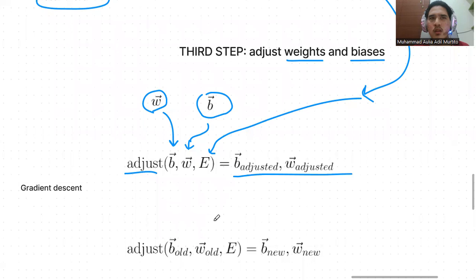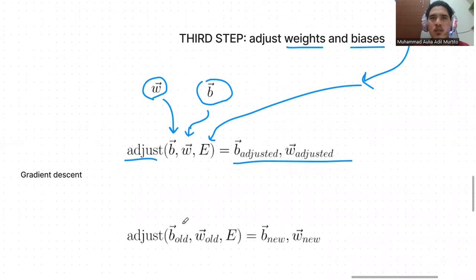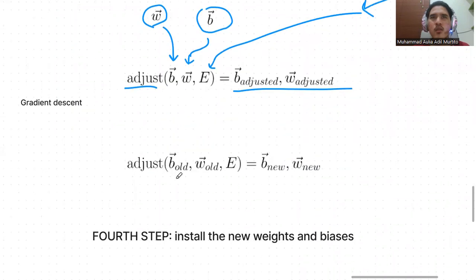Now you see here we could just represent it as old bias and old weights, and then we adjust them according to the error, and we get new bias and new weights, right? It is the same idea here.